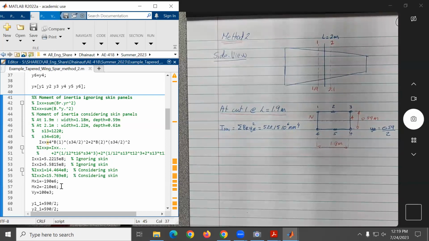Or did I reverse this one? Okay, so I think I reversed this one, no? Good, I'll check this with you then. So x1 is 1.9. So let's see which one should be higher. So 210, and 190.